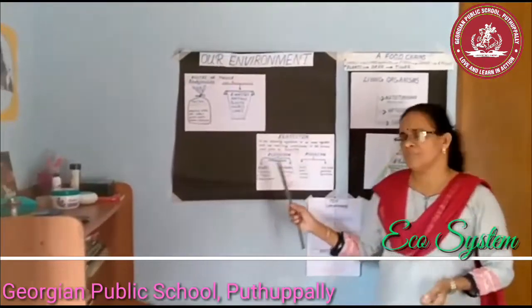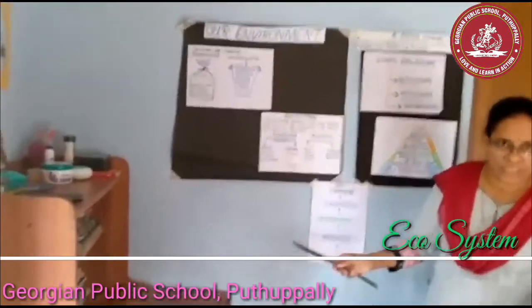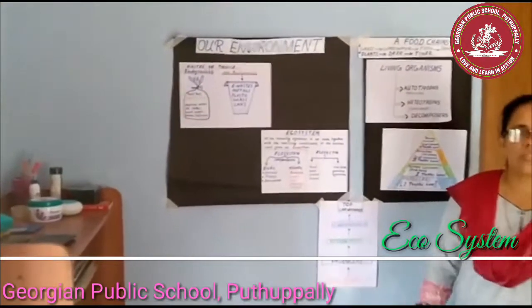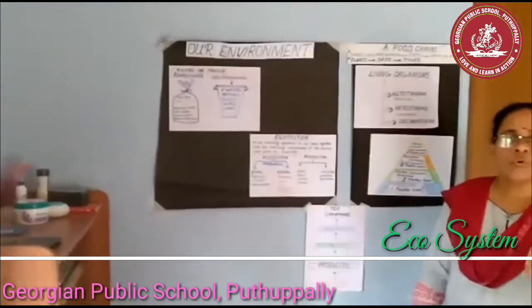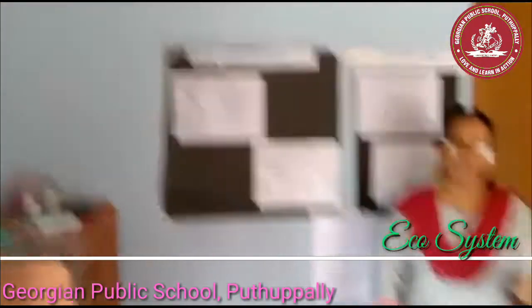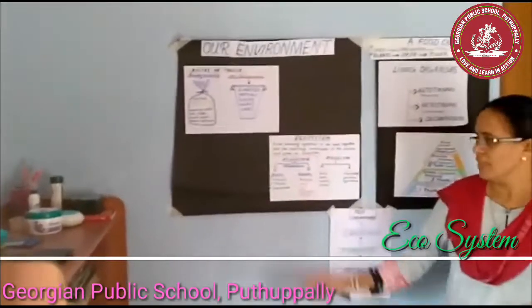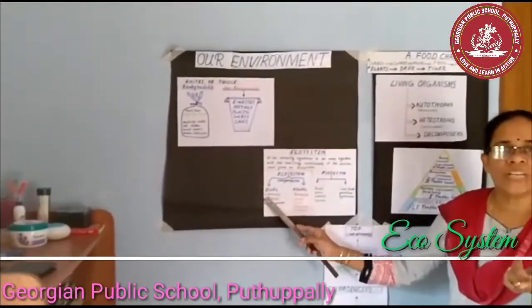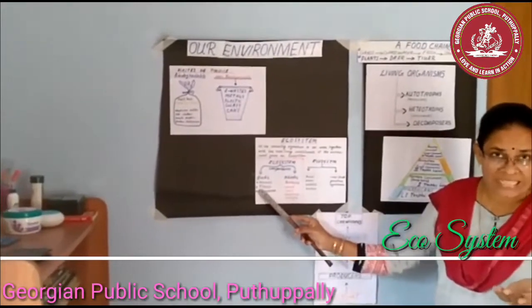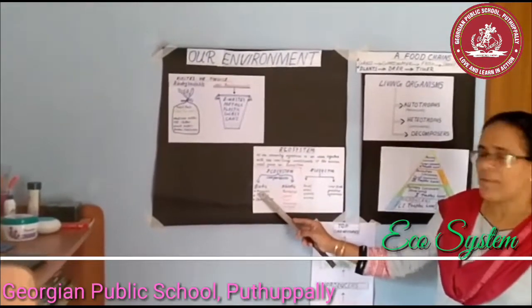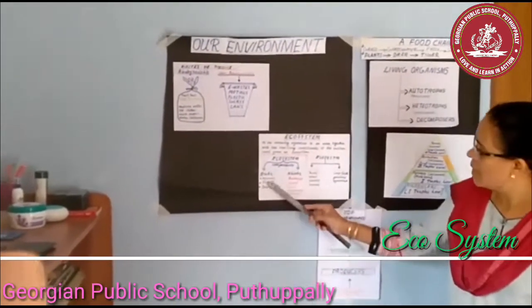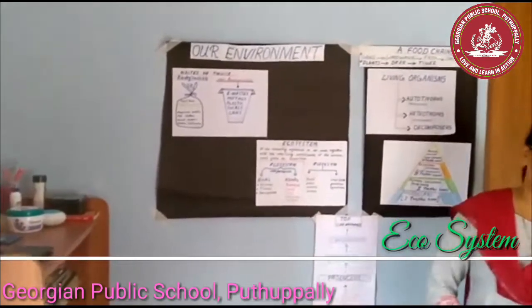Now let's come to the components of an ecosystem. An ecosystem consists of both living and non-living components. First one, biotic component. Biotic means living. So examples are animals, plants, and decomposers.